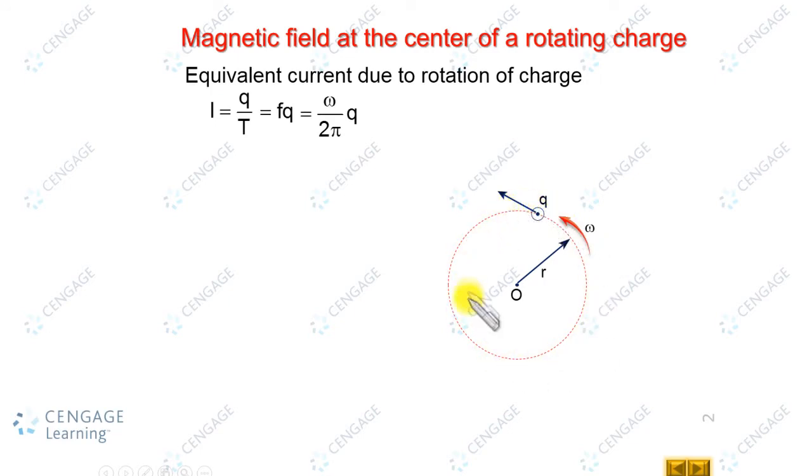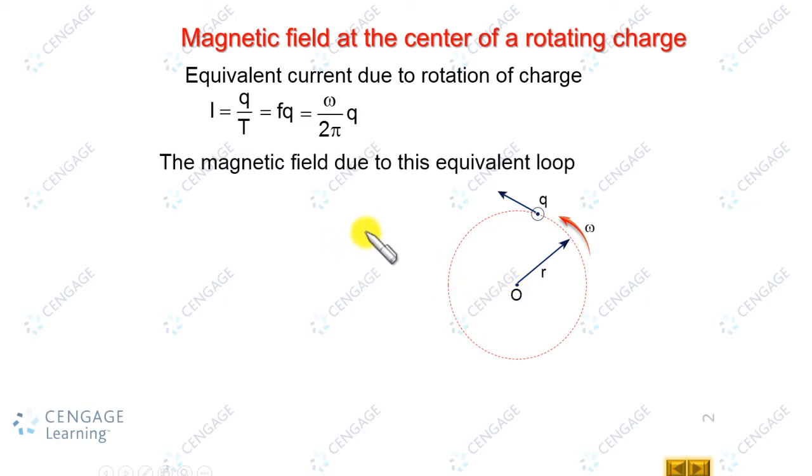Now we have the simple formula for finding the magnetic field at the center of the circular loop. We have the formula B equal to mu naught I divided by 2r, right? I is the current in that loop and r is the radius of the loop, and here the equivalent current is equal to omega divided by 2 pi multiplied by q, and radius is given as small r.